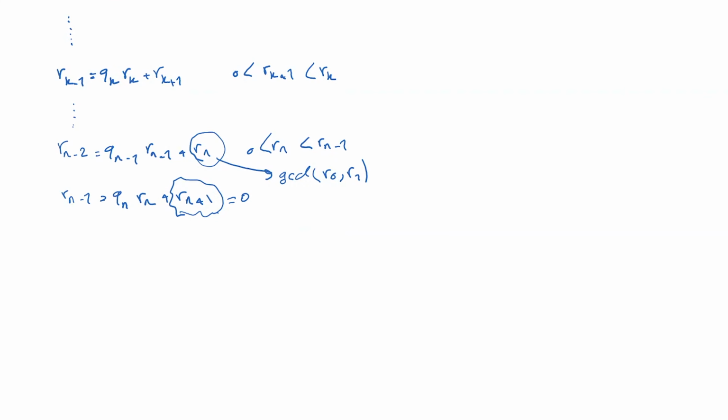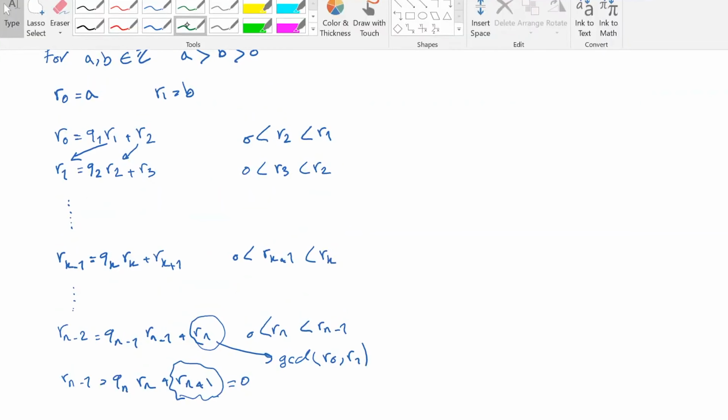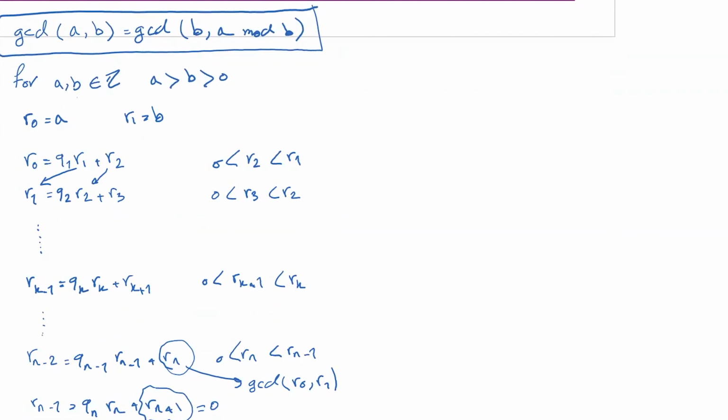This sounds a bit odd, so let's write an example. I think that will really help. Suppose A is 48 and B is 18, and I'm interested in computing their GCD. I define the bigger one to be R0, so 48, and R1 to be 18. Let's write it down.